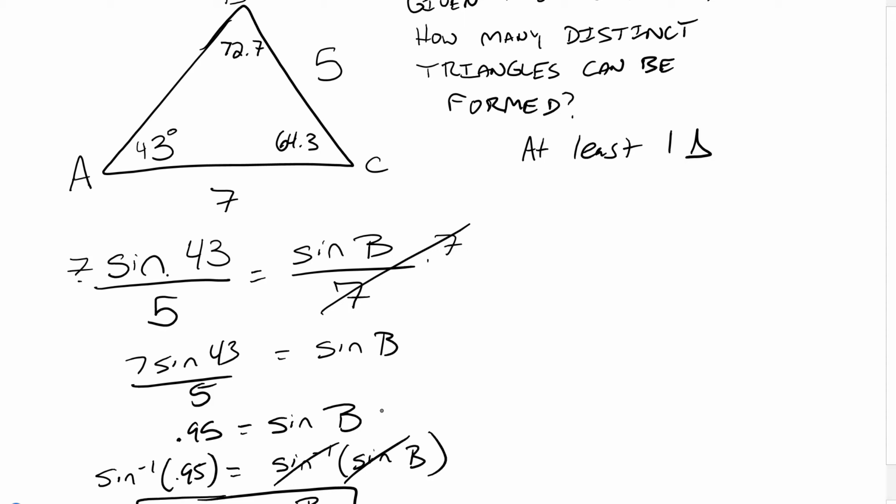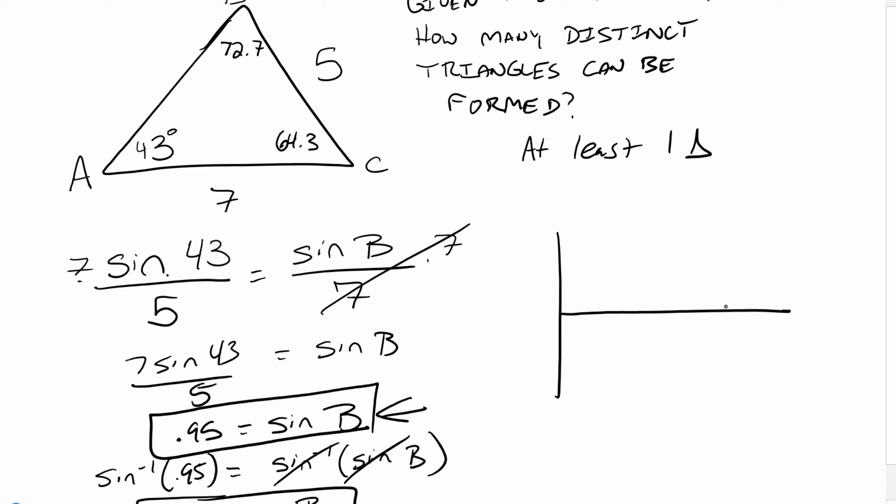If you'll notice at this step, it said sine B was about 0.95. If you remember what the sine curve looks like, this is 90 degrees, this is 180, this is 270, and this is 360.